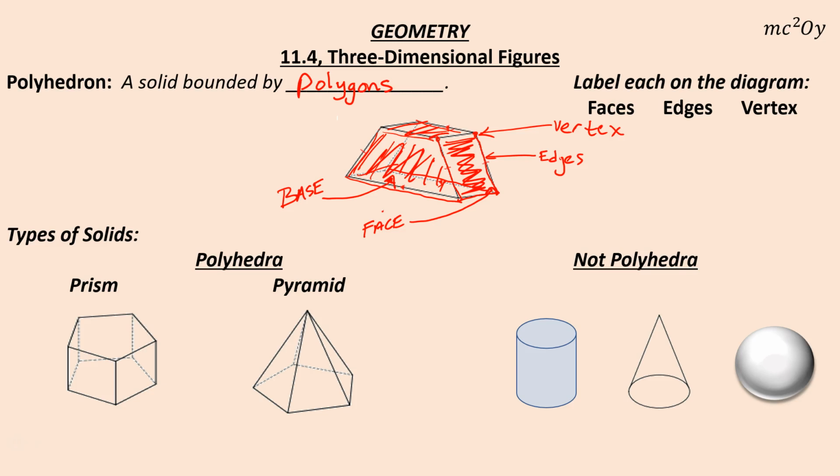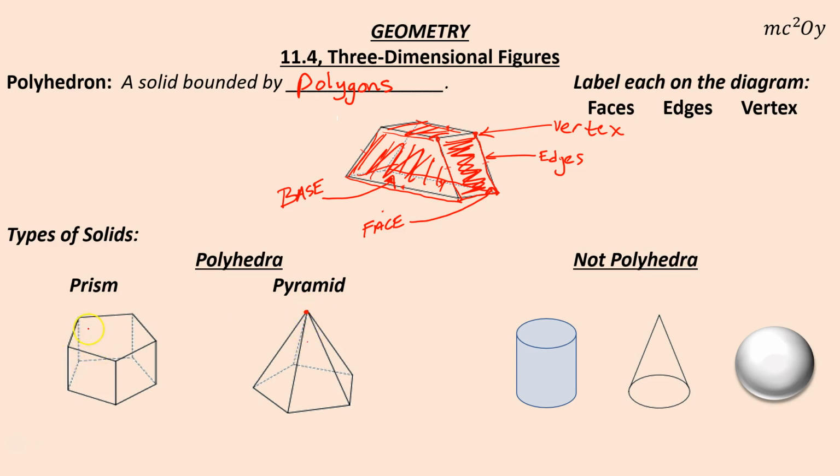You have two types of polyhedra, a prism and a pyramid, that we're going to study, at least for this lesson. The prism has a base with rectangular sides connecting it, versus a pyramid where all your faces come up to a single point.